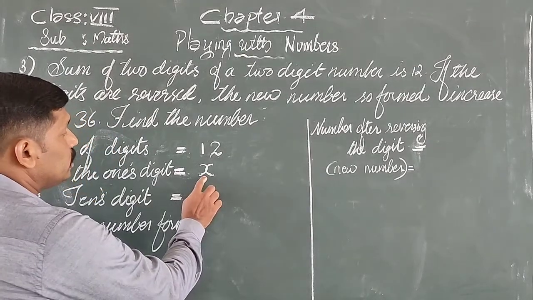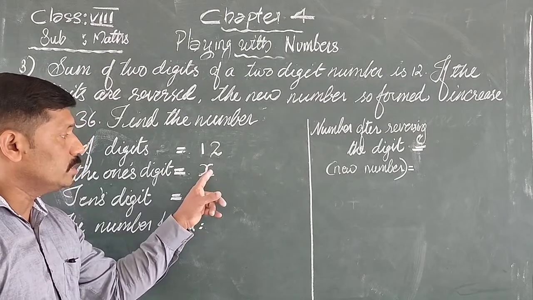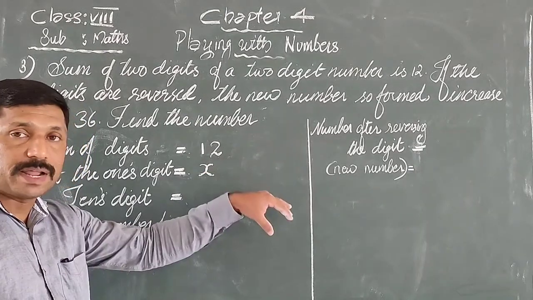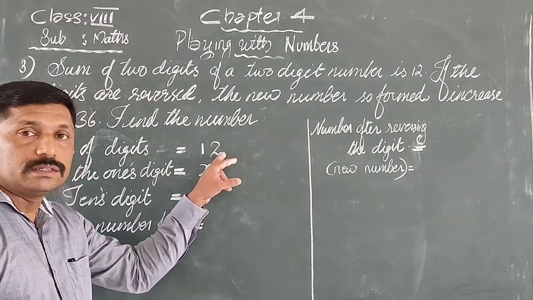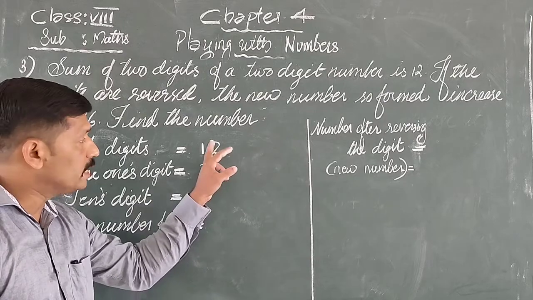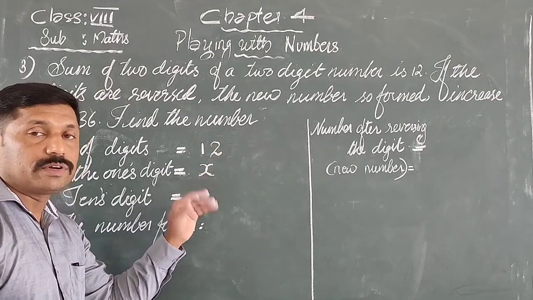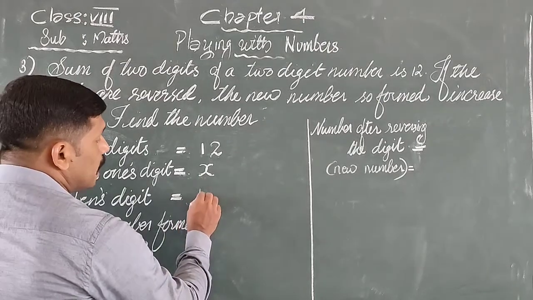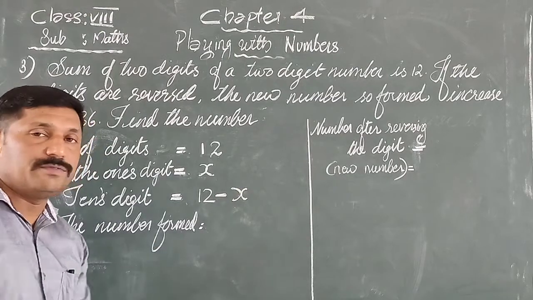So if the ones digit is x, then what will the tens digit be? We know the sum of the digits is 12. Ones digit and tens digit, when both are added, we get 12. The ones digit is x, therefore the tens digit is equal to 12 minus x. From the sum, if we subtract the ones place, we get the tens place.